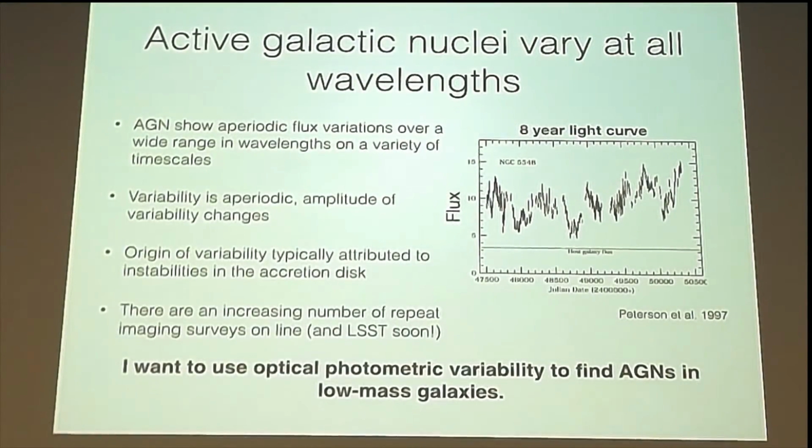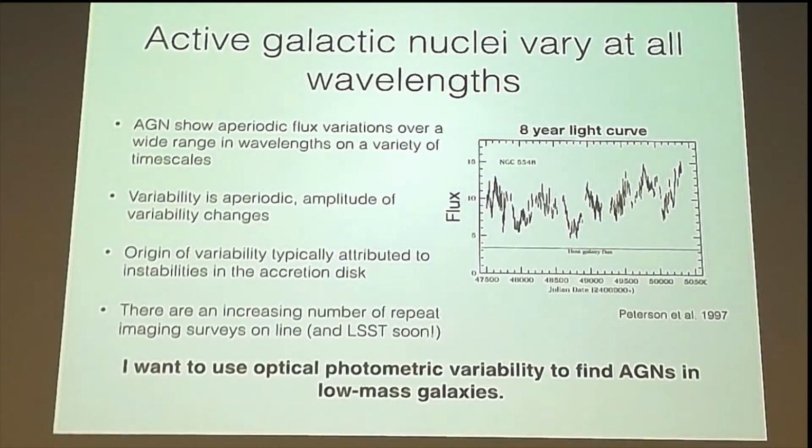This is just showing the flux from that AGN as a function of time over the span of about 8 years. So you can see that it's highly variable. The amplitude of the variability changes. And this is typically attributed to instabilities in the accretion disk of material that is feeding the black hole.